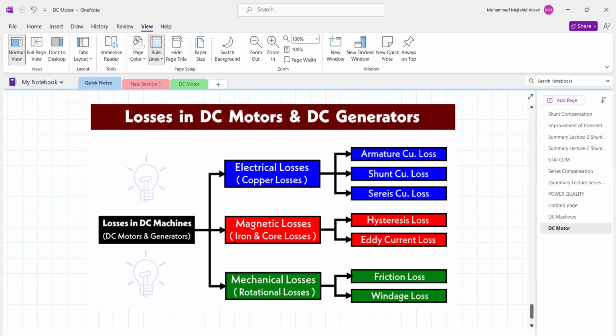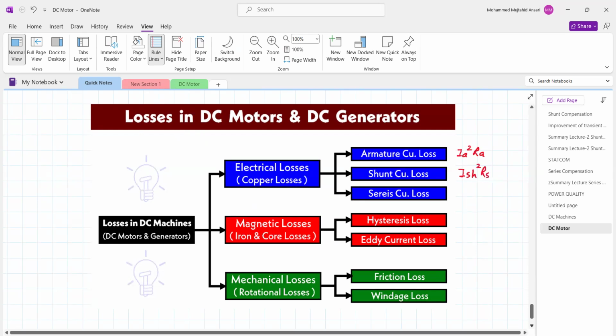The armature copper loss is Ia squared Ra, whereas the shunt field copper loss is Ish squared Rsh, or it may be Vsh into Ish. Now the series field copper loss is the series field current multiplied by the series field resistance.